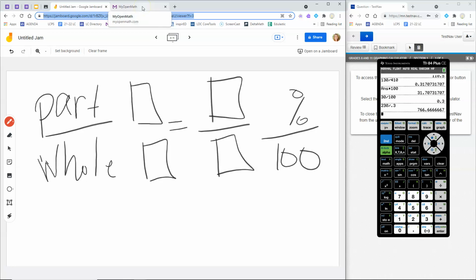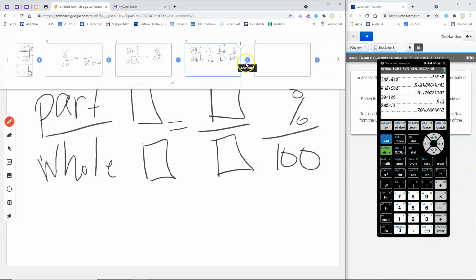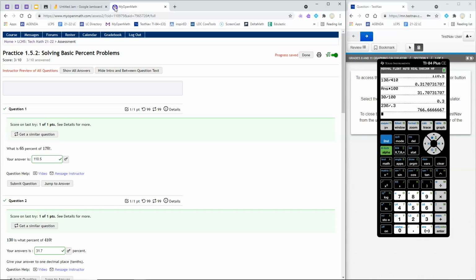So if I go back to the first question, I'm going to redo that. I'll try to keep using this, so I'll have to redraw it. All right, so that first question is, what is 65% of 170? 65% of 170, okay?